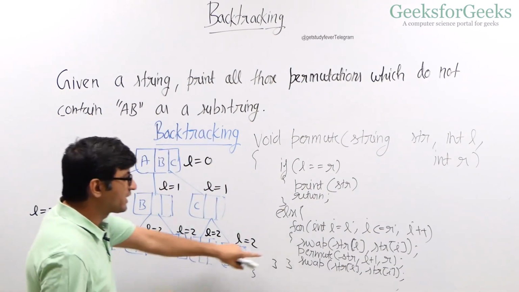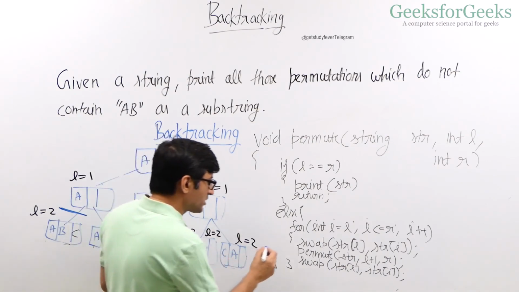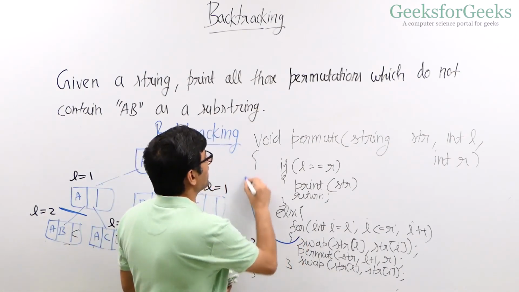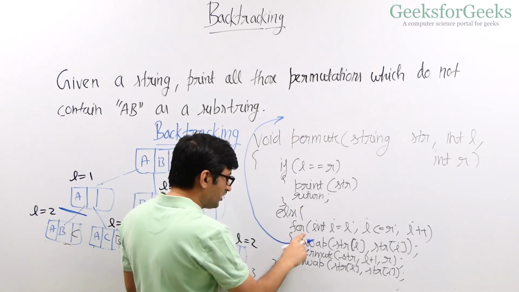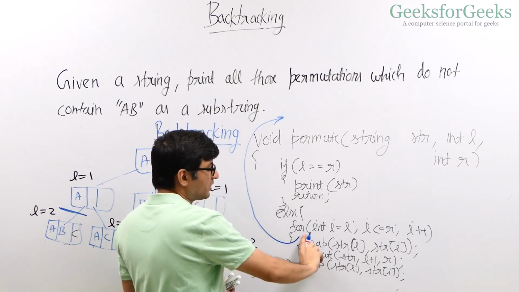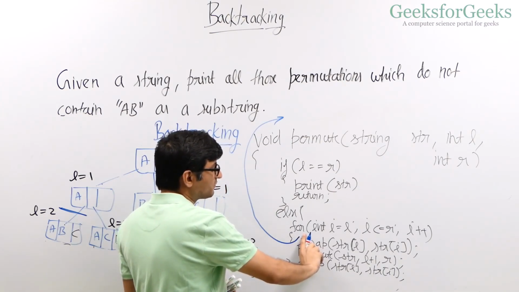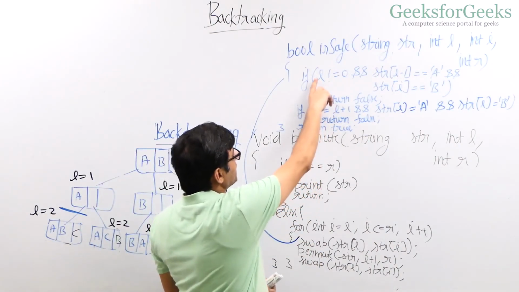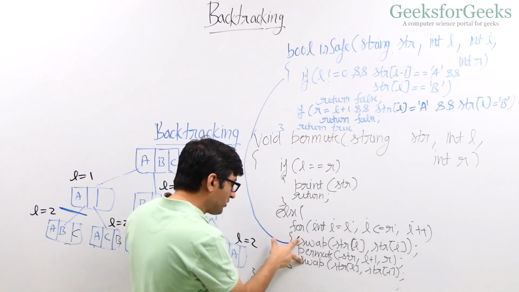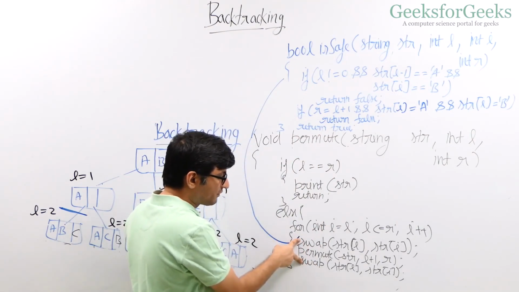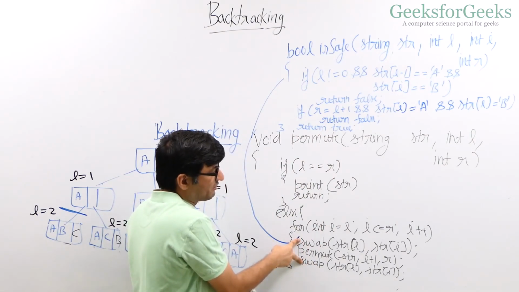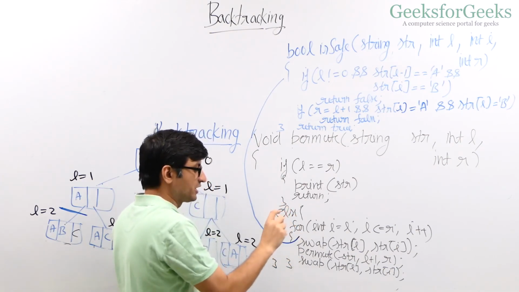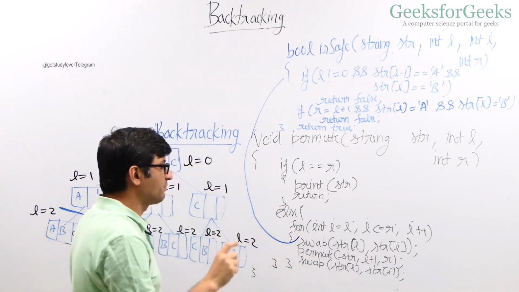So how do we modify this code? We just need to put some condition here so that this part is called only when this move is a valid move. So what we do in the backtracking solution is we add a function isSafe so that we don't proceed further in recursive calls if the current set of solution is never going to lead to a valid permutation.